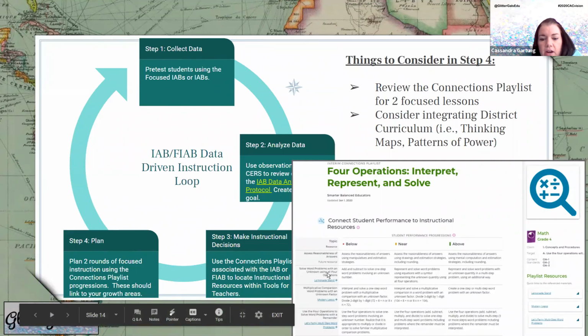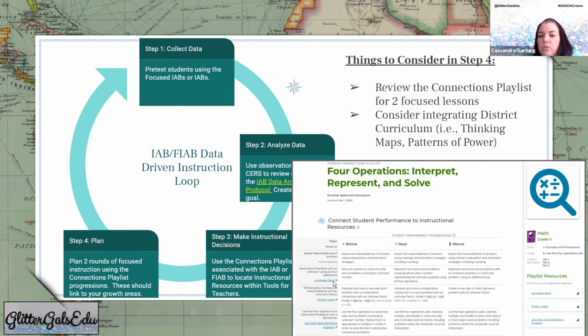And then right here on the topics, if we look underneath each topic name, when you see the little blue title with an arrow, like this one says lemonade stand, this is the actual resource. This is the lesson with all the materials you need to use to teach that particular lesson. So if my kids really needed to focus on solving word problems with an unknown using all 4 operations, I would go look at lemonade stand and see if I could implement that as one of my lessons.